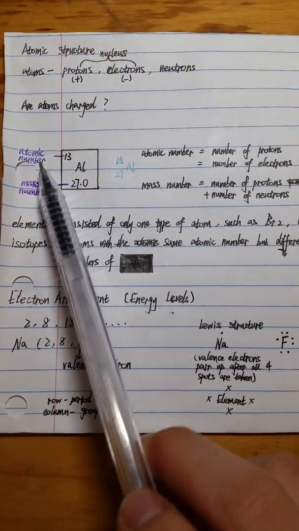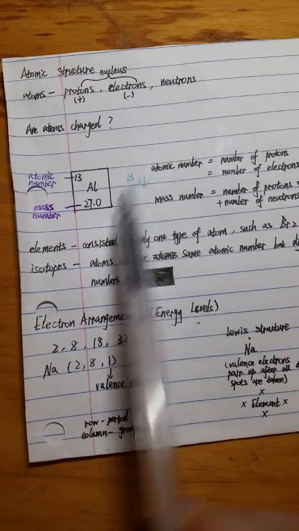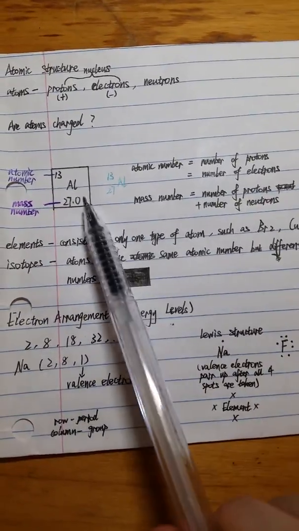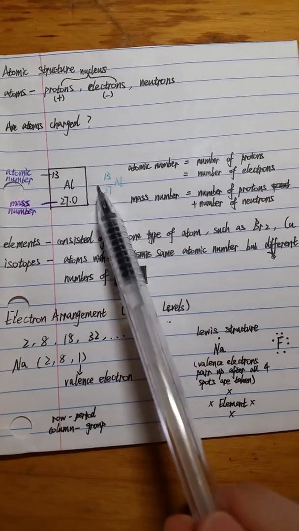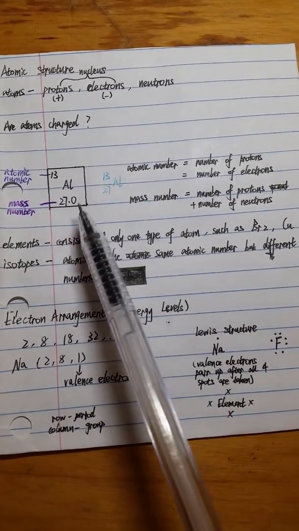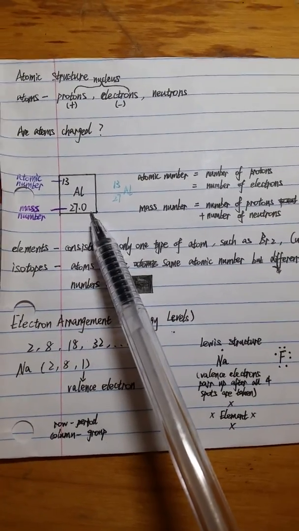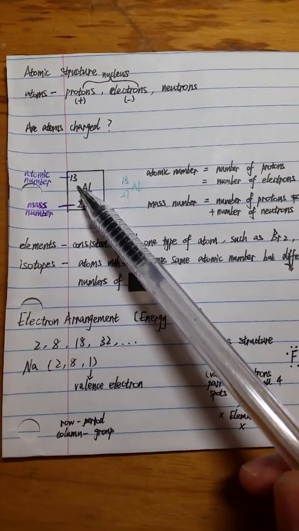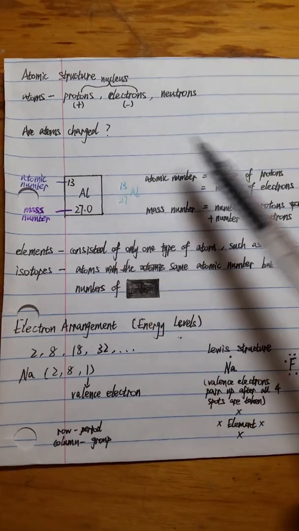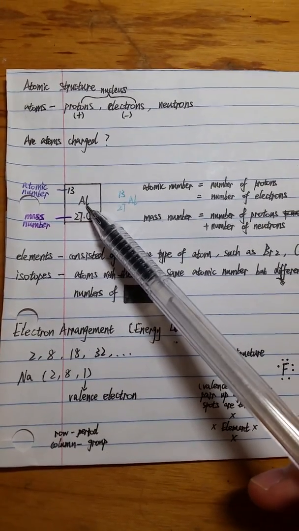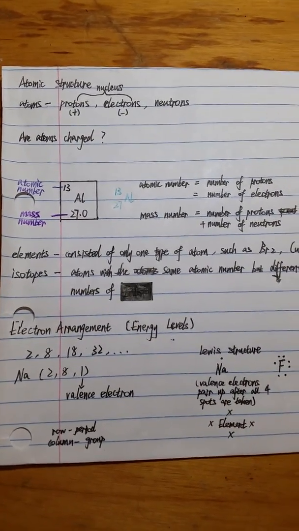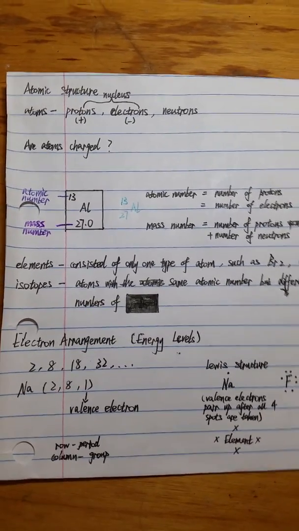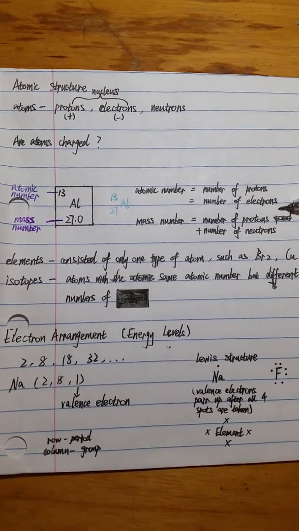On the periodic table, we can say something like this. Take aluminium, for example. In its grid, it says 13 and 27.0. What does it really mean? 13 is its atomic number, which is the same as the number of protons or the number of electrons.